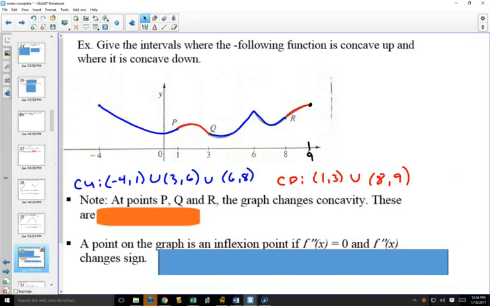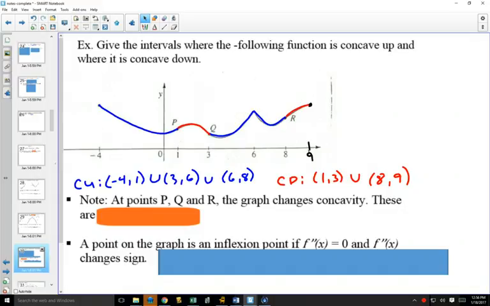So if we wanted to write the intervals where it's concave up, we could say, well, it's concave up from -4 to 1, and then from 3 to 6, and then again from 6 to 8. We use round brackets here because those values on the end where it changes concavity, we're going to call those points of inflection.